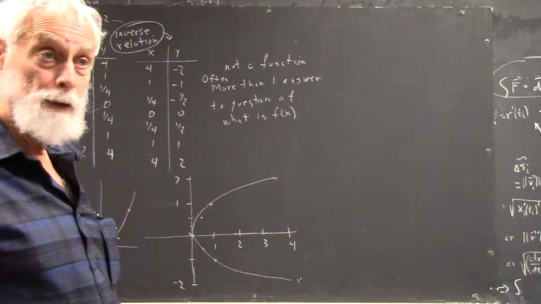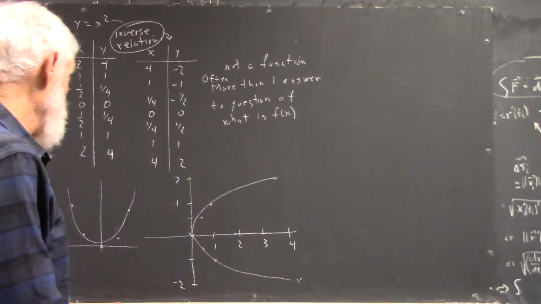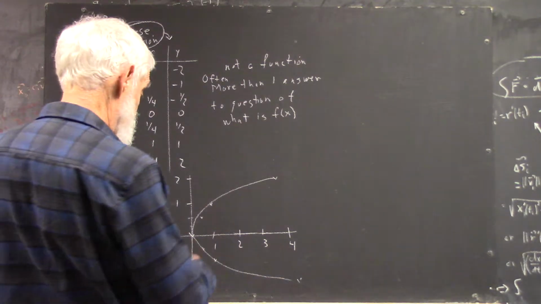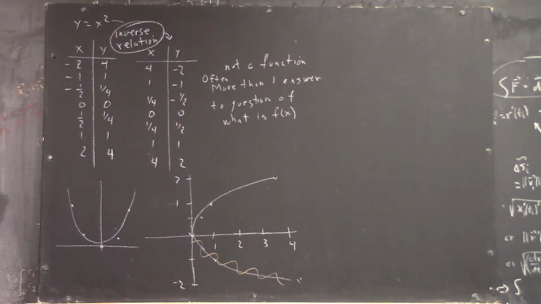Okay, but we can make it a function. And to make it a function, all we have to do is say, okay, let's see. If I take this part out, now it's a function. That was easy, wasn't it? Okay?